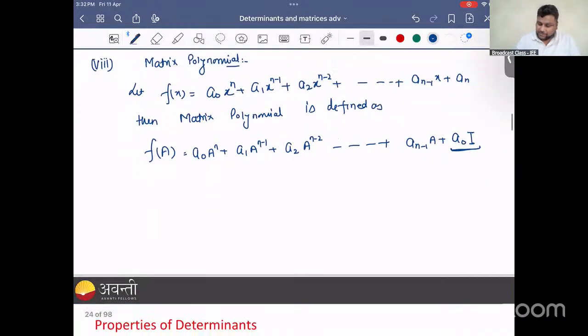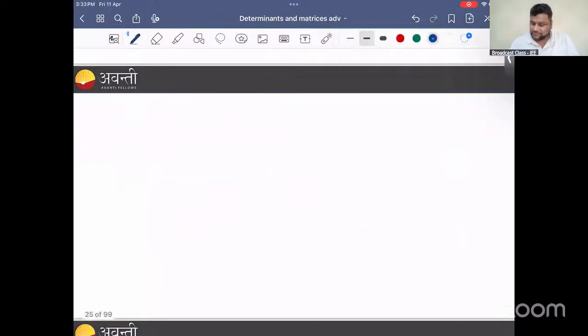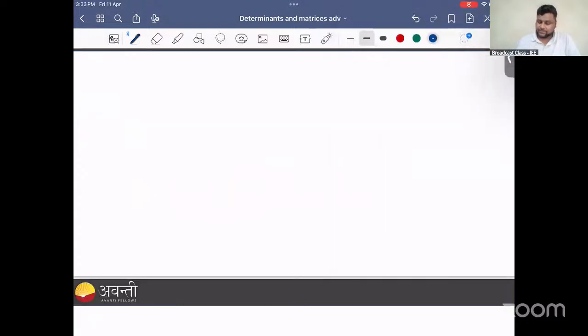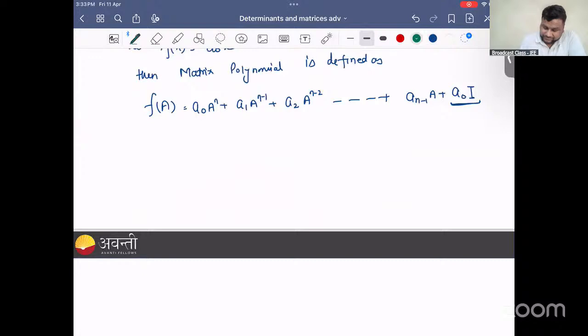Like, write down a simple question. The question is, the matrix A is [1, 2, 2; 2, 1, 1; 2, 2, 1].